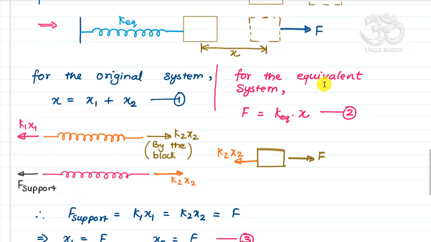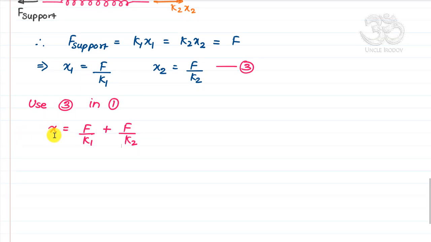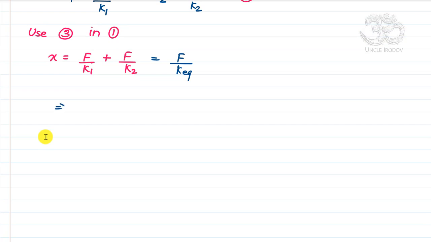So for the equivalent system, we have got one equation, F is equal to K equivalent into x. So from there I can find out the value of x, that is F by K equivalent. So x is F by K equivalent. I can say that this entire system is equal to F by K equivalent, and then you will get 1 by K equivalent is equal to 1 by K1 plus 1 by K2, and plus the series will go on.